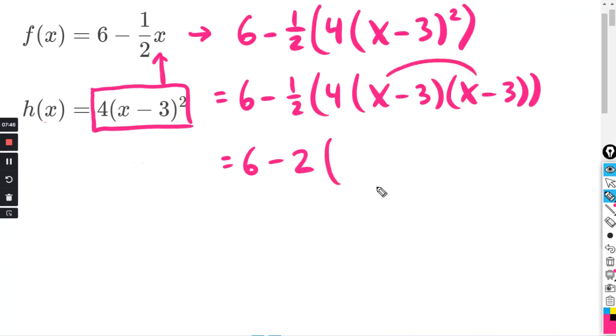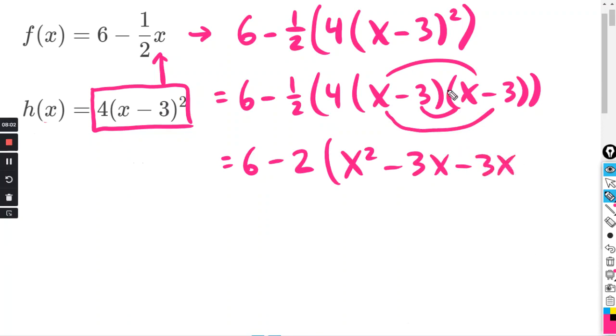First is x times x, which is x squared. Inner is negative 3x. Outer is x times negative 3, so also negative 3x. And last is negative 3 times negative 3. That's a positive 9.